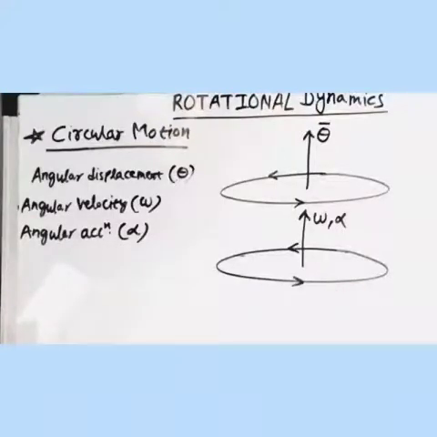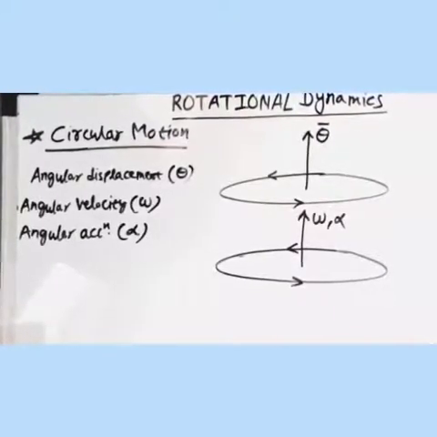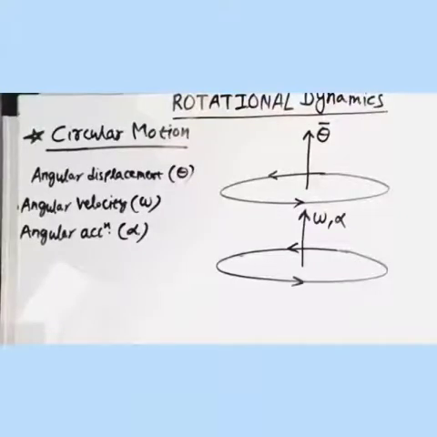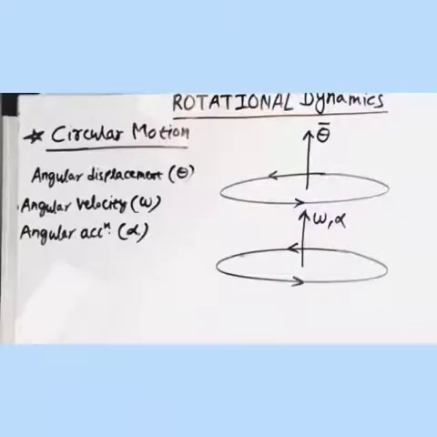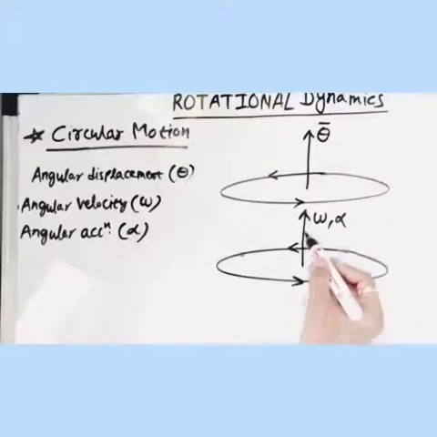I want to suggest one example over here. If we switch on the fan, then the angular speed or angular velocity of the fan goes on increasing. It means when there is a change in angular velocity, there is definitely angular acceleration. And as the angular velocity increases, angular acceleration also increases and can be shown by this arrow in upward direction.